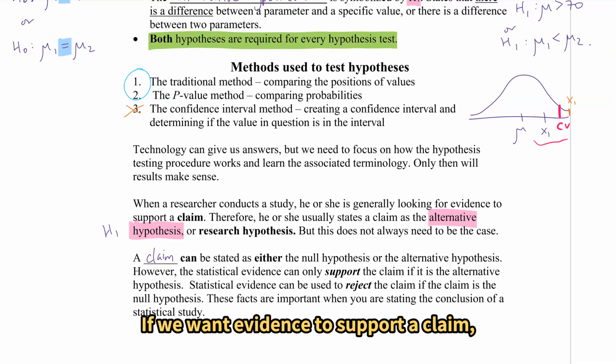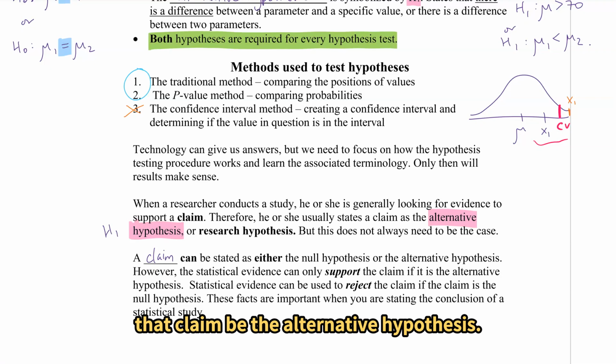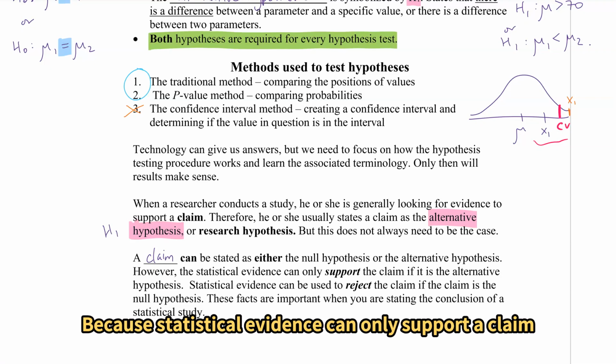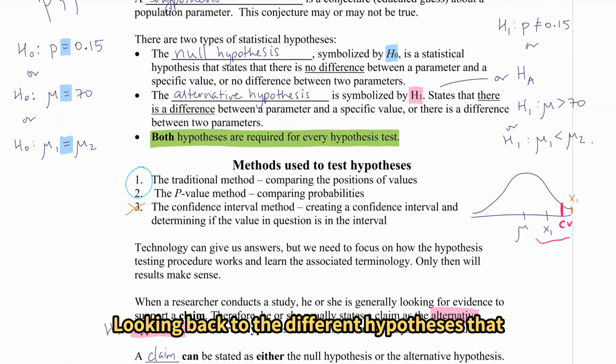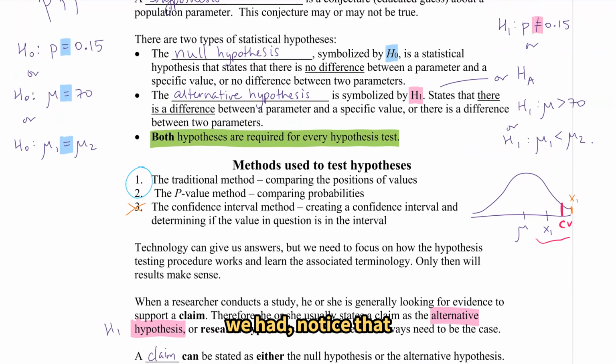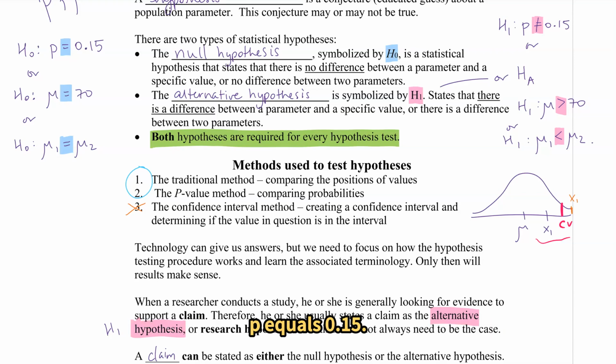If we want evidence to support a claim, then we need to have that claim be the alternative hypothesis, because statistical evidence can only support a claim if it is the alternative hypothesis. Looking back to the different hypotheses that we had, notice that for the null hypothesis, we're looking at one single value of equality, p equals 0.15.